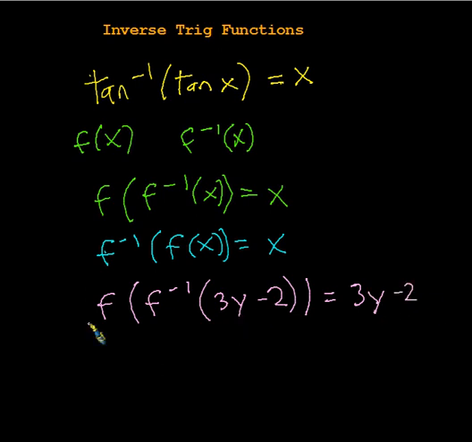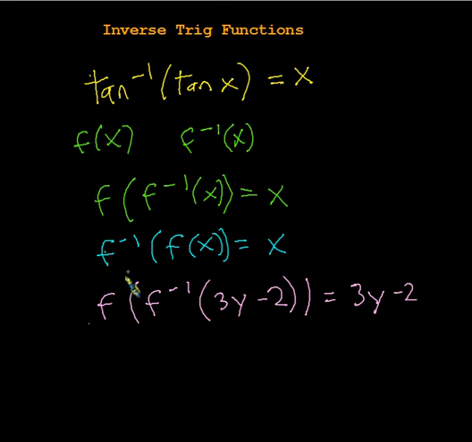In other words, the function and its inverse sort of cancel each other. So that's why when we apply an inverse tangent to a tangent, all we get is what's inside, in this case x. If there was a number in there, that number would be here. If there was 3y minus 2 there, then that 3y minus 2 would be right there. And then also, if there's a theta there, then theta would be there.